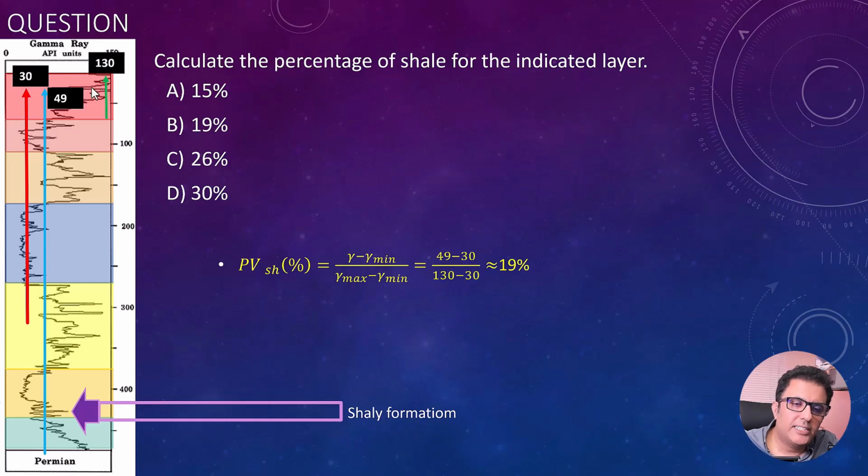Okay, just look at my reading. I read the value 130 for this shale formation, 30 for the clean formation, and 49 for this shaly formation. As a result, the percentage of shale for this example that I've calculated is 19%.